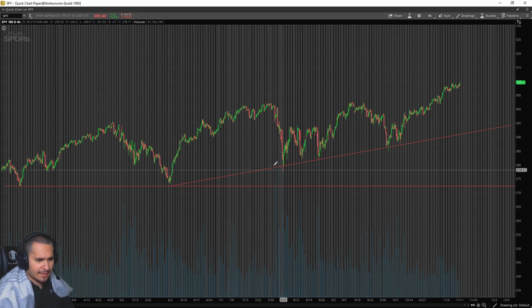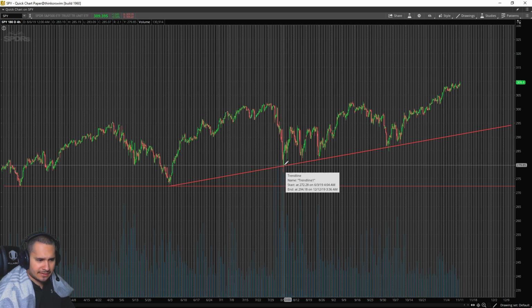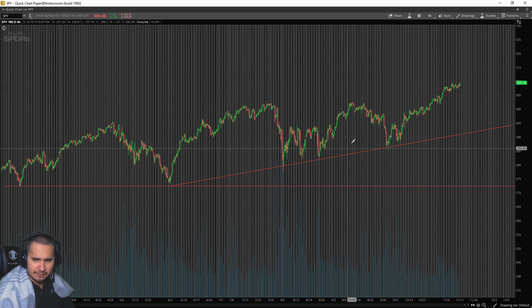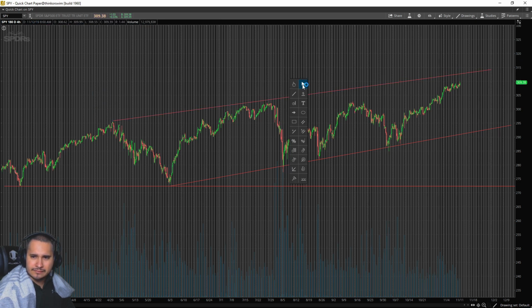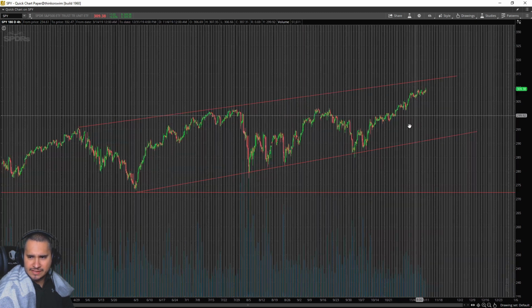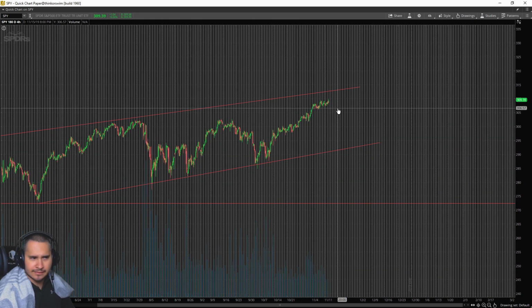I know the lines are not precise, but they are what they are. This is bouncing from this trend line, meaning that this has to be a psychological price point, and something along the lines of here as well. Now, again, this is only a 180-day chart. These are very, very raw drawings. This is just to give me an idea as to what's happening here.